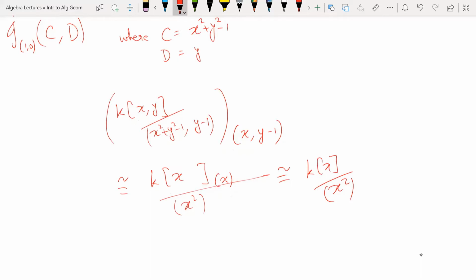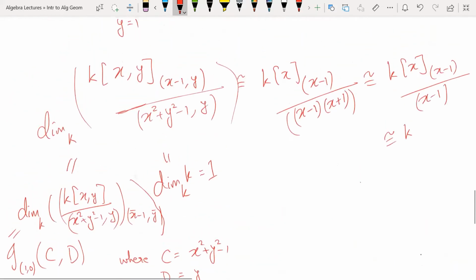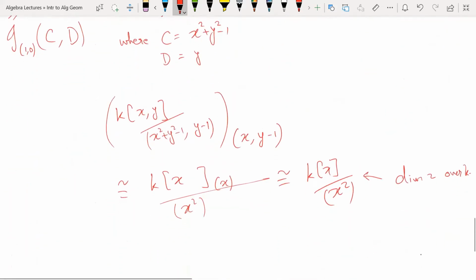It has elements of the form constants and constants plus x. Whatever is a constant plus x, if the constant is non-zero, is already invertible, so you can check that these two are isomorphic. And this has dimension 2 over k. So these two examples suggest that this definition is okay.